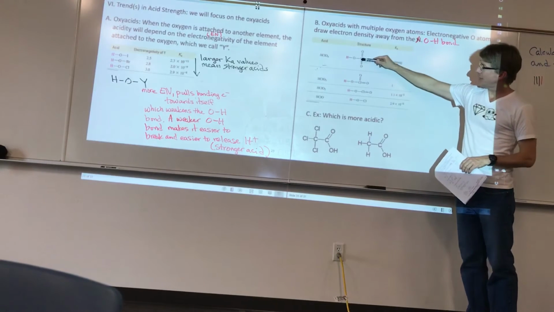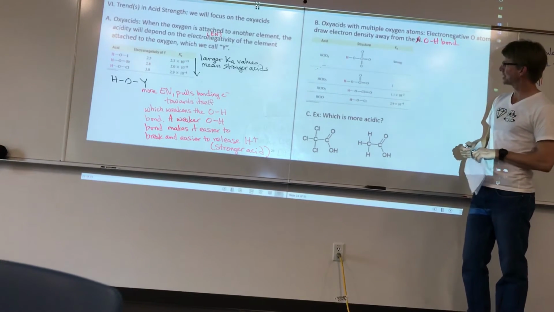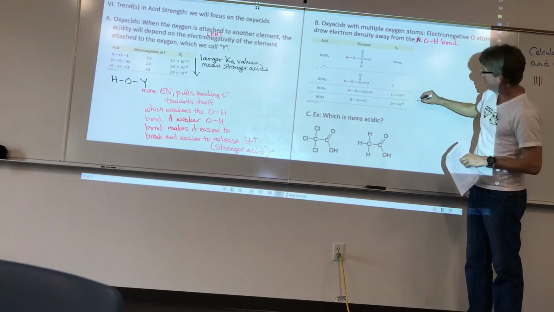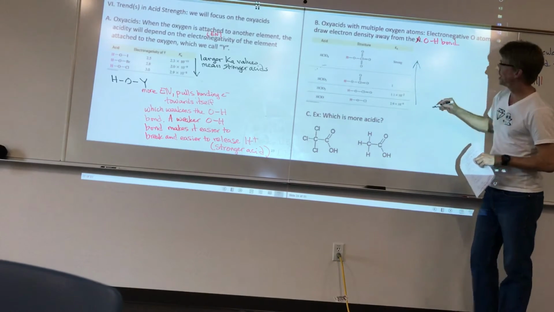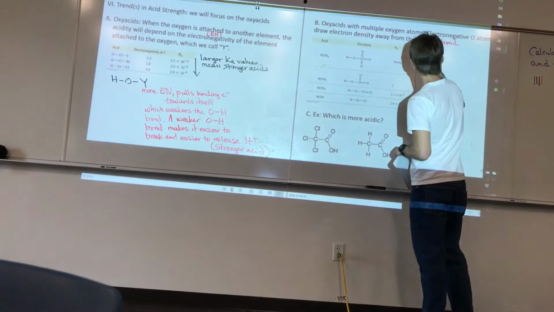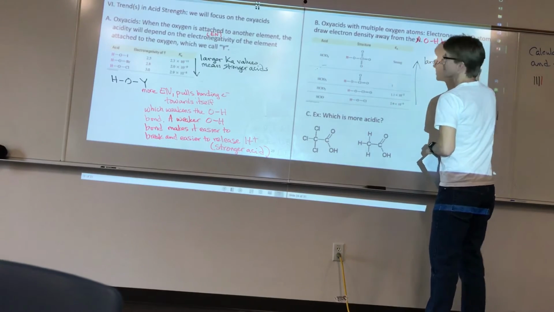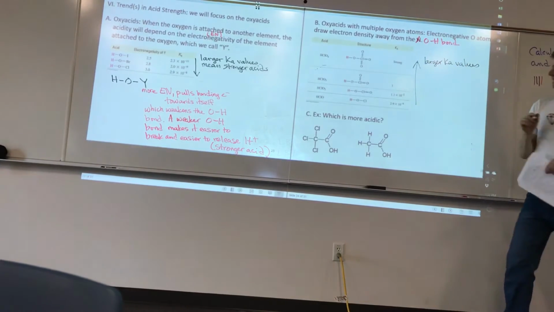Here we have perchloric, chloric, chlorous, and hypochlorous acids. As we go this time up, we see that the Ka values get larger. Larger Ka values mean stronger acids.